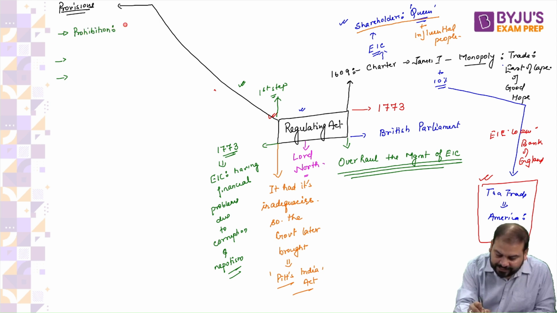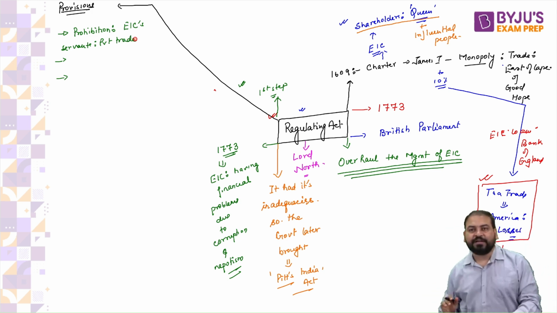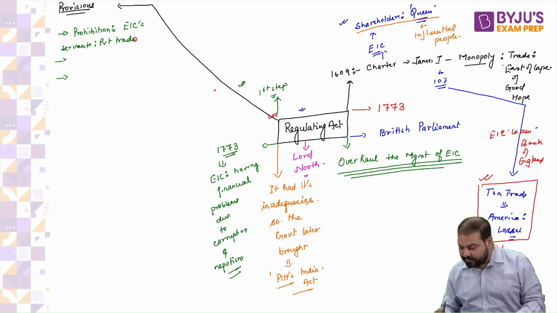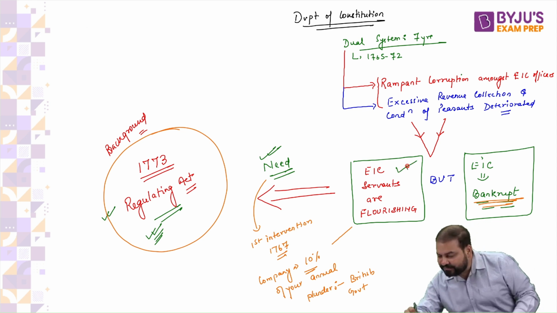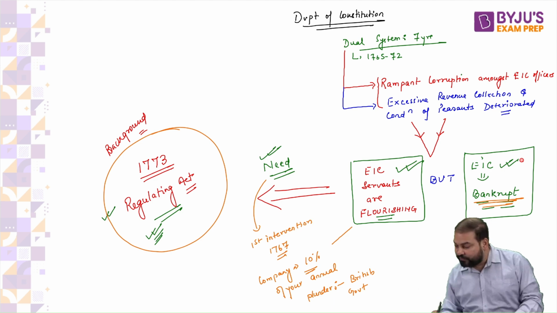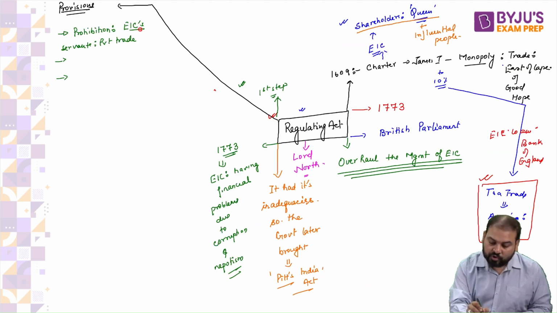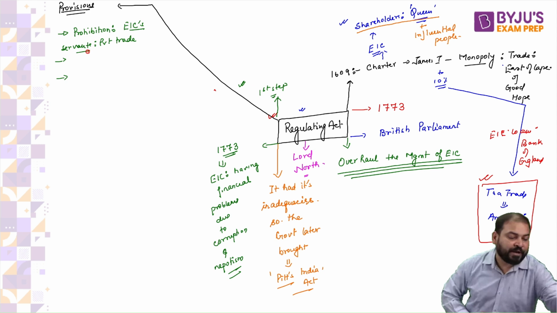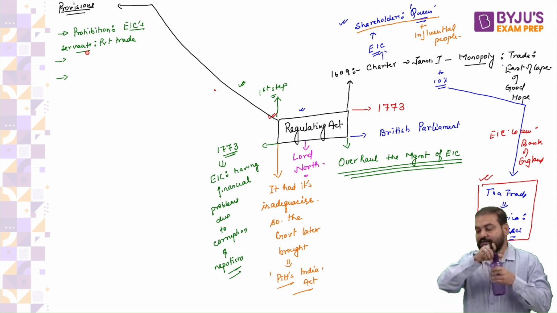Prohibition means that the company's servants should not do private trade. The first thing they said, because they understood, as I told you in the last slide, that the company's servants are flourishing, but the company is becoming bankrupt. So the first thing they said is, you people should not do any private trade. Everyone clear till here?